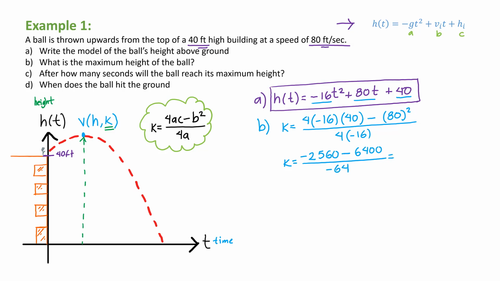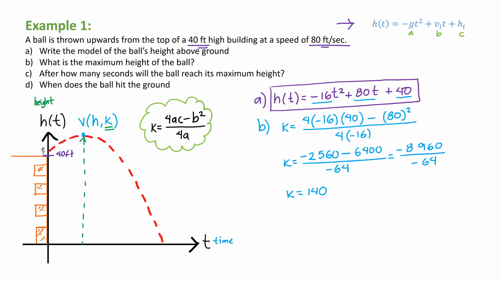That equals minus 2,560 minus 6,400 gives us minus 8,960 over minus 64. And dividing negative 8,960 over minus 64, we get 140.